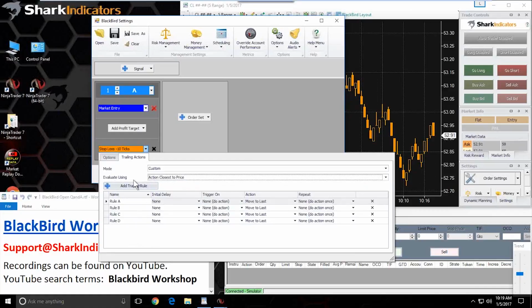So, right. So the evaluate using is just there to eliminate conflicts. It's there to make a decision when there is a conflict, when you have multiple trailing rules trying to move your stop loss at the same time.